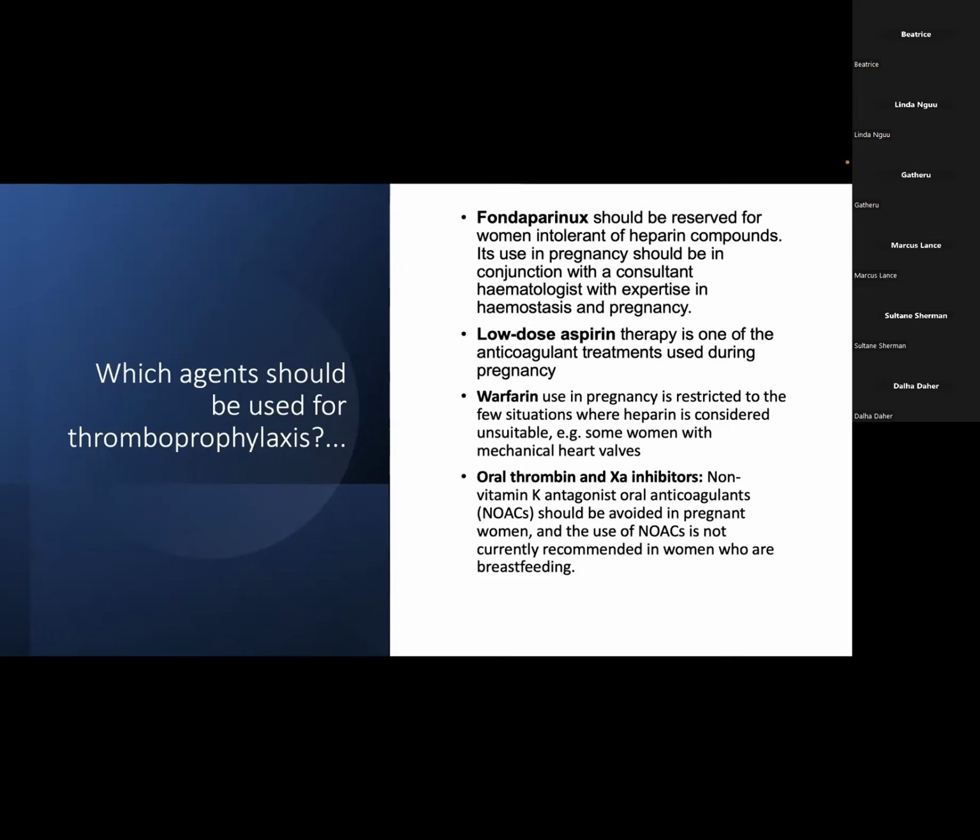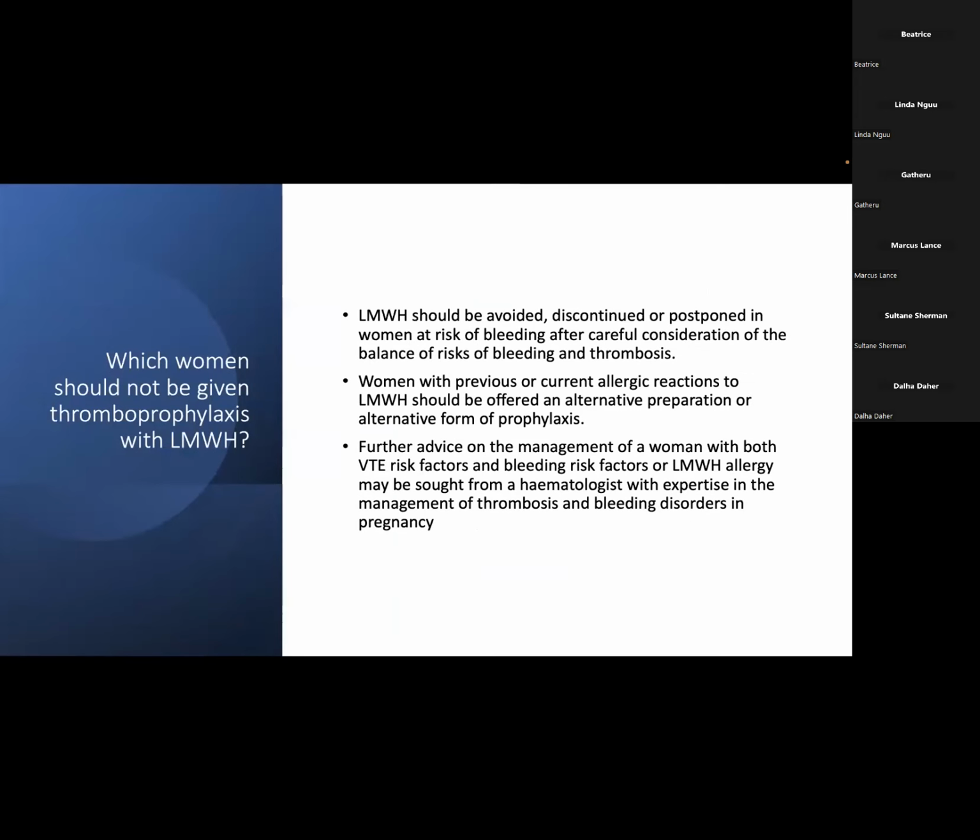Low molecular weight heparin should be avoided, discontinued or postponed in women at risk of bleeding after careful consideration of the balance of the risk of bleeding and thrombosis. Women with previous or current allergic reactions to low molecular weight heparin should also be given an alternative form of prophylaxis.